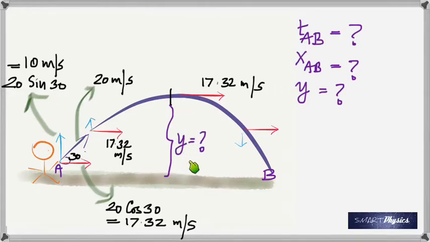In some athletic events like high jump or pole vault, the athlete tries to have a maximum Y. But in other events like a javelin throw or a hammer throw, the athlete tries to have a maximum X. So these are the three quantities we're going to find.